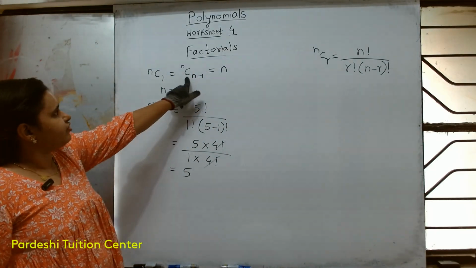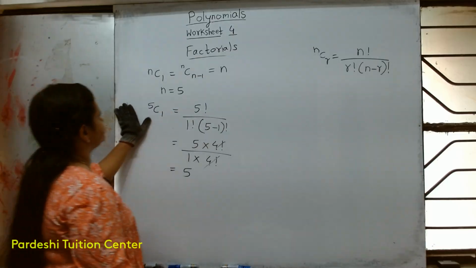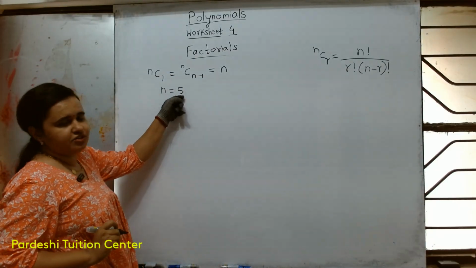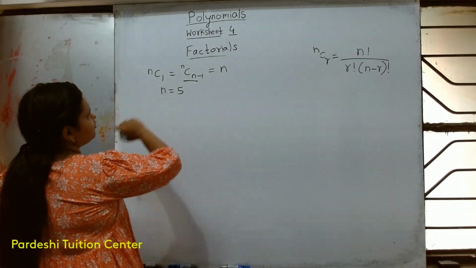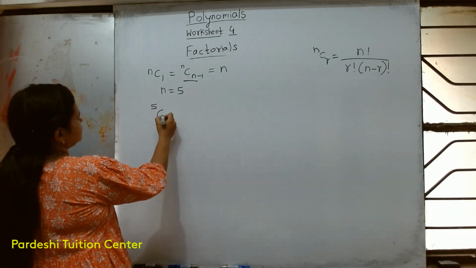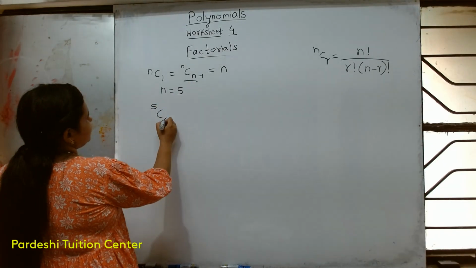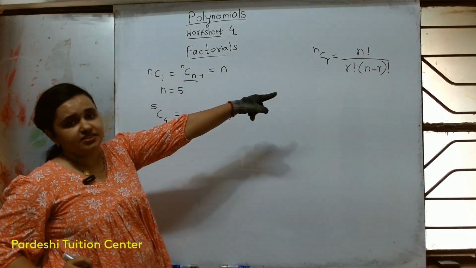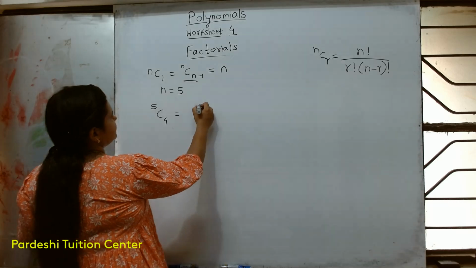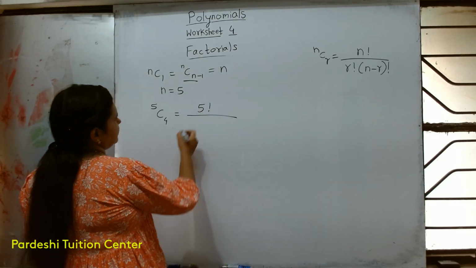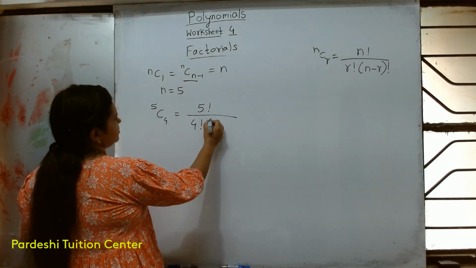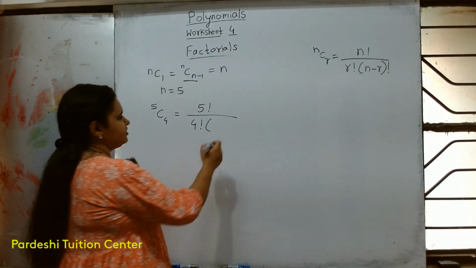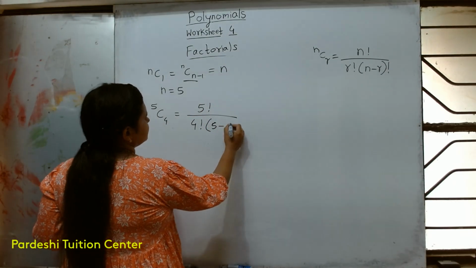Now, we will check for nC(n minus 1), okay. If I again take n equal to 5, we are checking for this now, it will be 5C(n minus 1), that is 5 minus 1, that is 4, okay. So if I again put in that formula, it will be 5 factorial upon r factorial, here r is 4, into n minus r, means 5 minus 4 factorial.